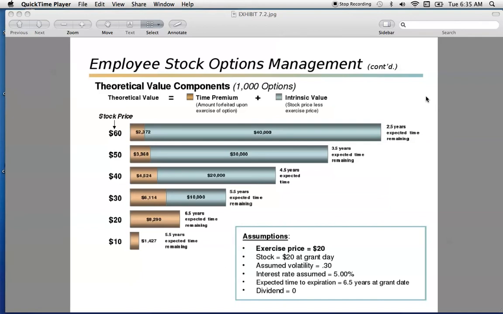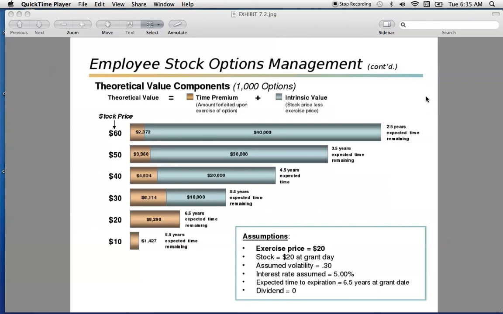Okay? If a year later, perhaps, the stock goes to 30, you now have what's called intrinsic value, equal to $10,000, because you have the right to buy 1,000 shares at 20. But you still have this time premium or time value. They call it time value in the employee stock options arena. Guys on the floor of those exchanges trading as options market makers would call that time premium.